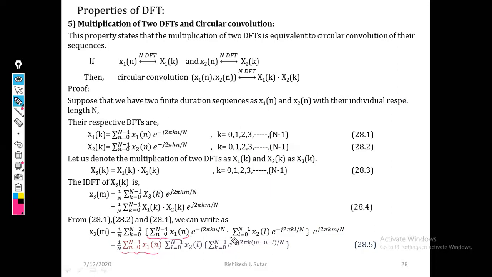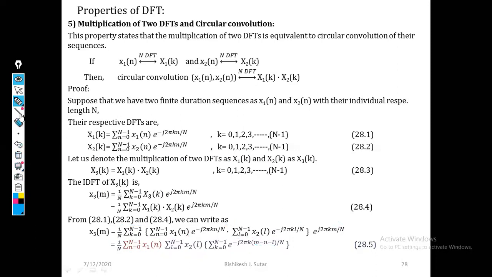Then the summation l runs from 0 to N minus 1 of x2 of l, I can write here, and the remaining terms I can write here. All these three exponents I can write together. You can see here it is minus n, it is minus l, and it is m. So I can write it as m minus n minus l.